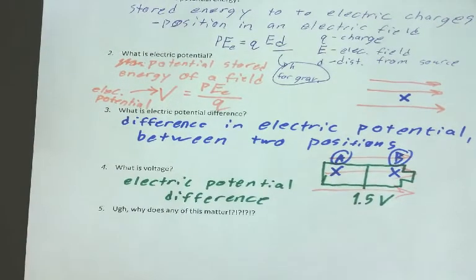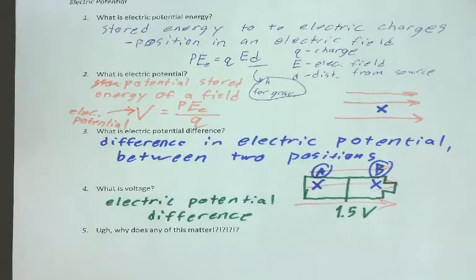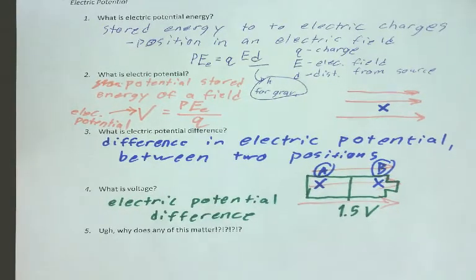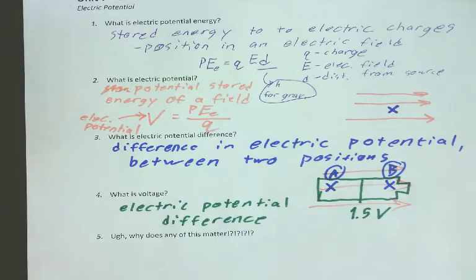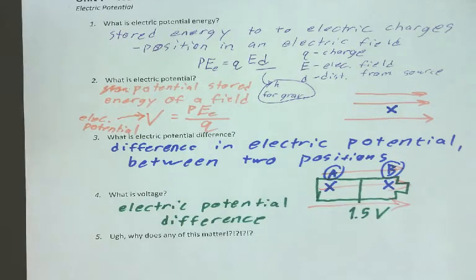Now you might be saying to yourself, well, why don't we use energy? Why don't we know how much energy the battery has? Because I don't know how much charge is in a battery. We put some charge in it, I don't know how much is in there. Some charge, not 0.